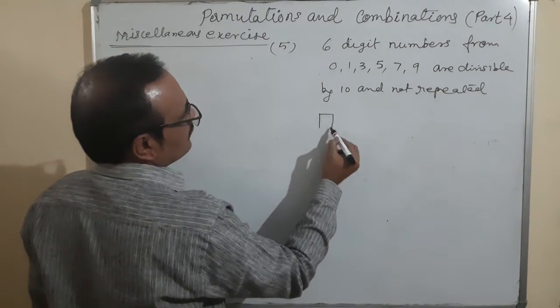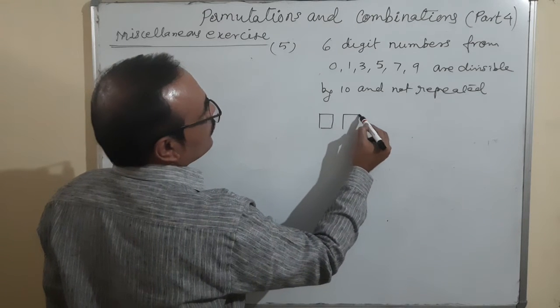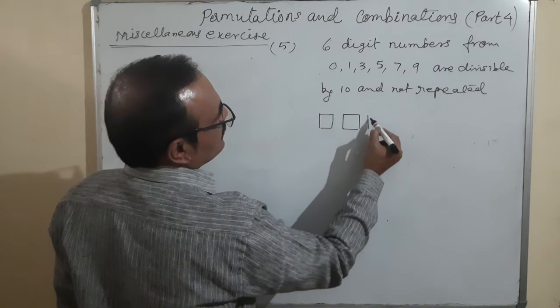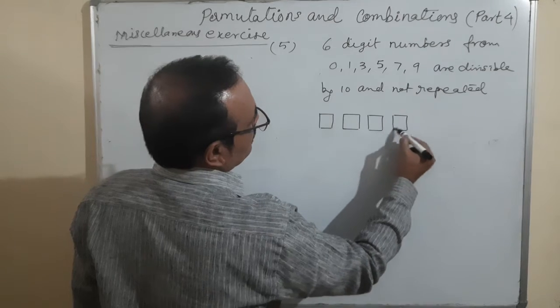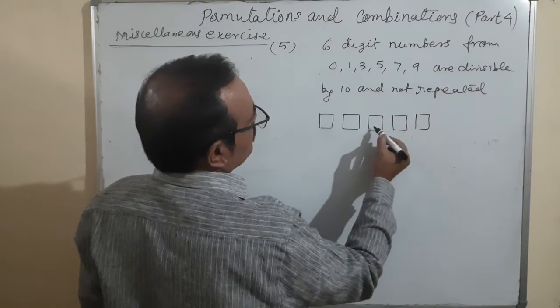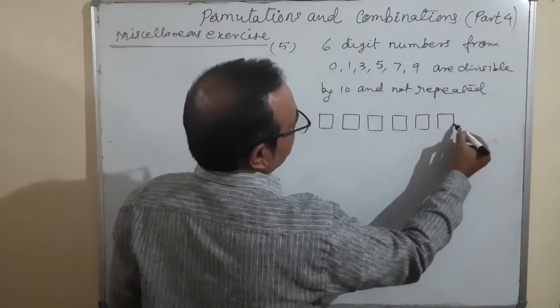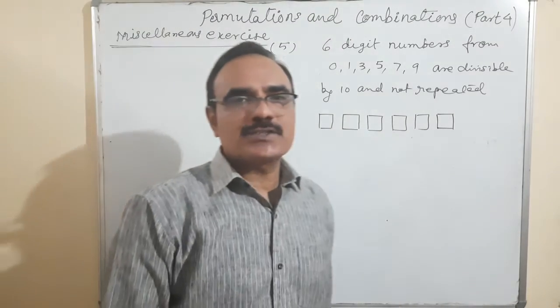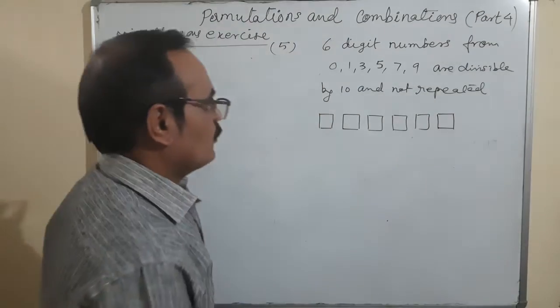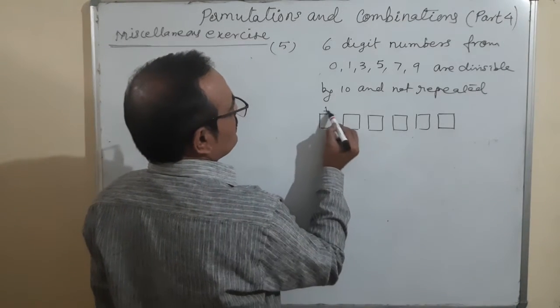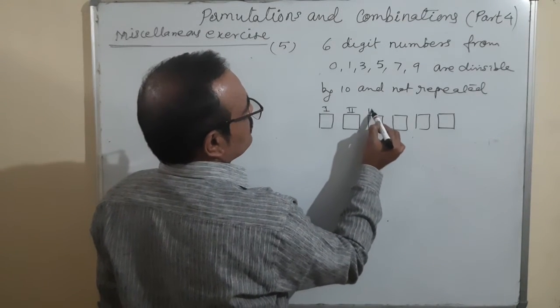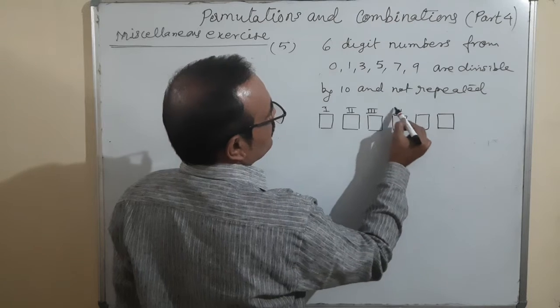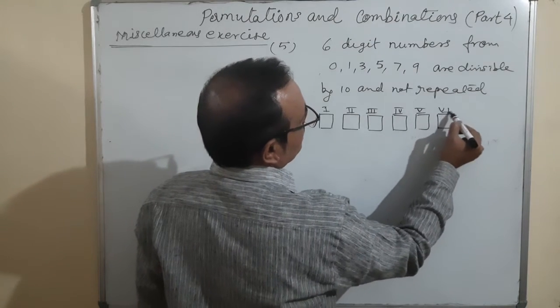Divisible by 10, how many 6-digit numbers? 1, 2, 3, 4, 5, 6. If the number is divisible by 10, what does it mean? Its unit place must be 0. Okay, so this is 1, 2, 3, 4, 5 and 6th.